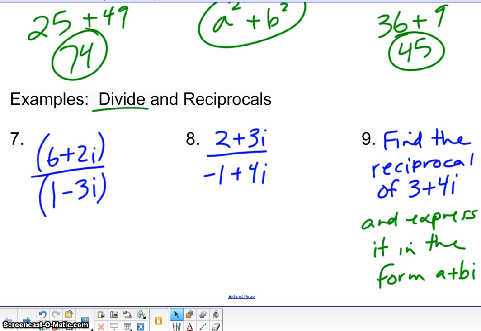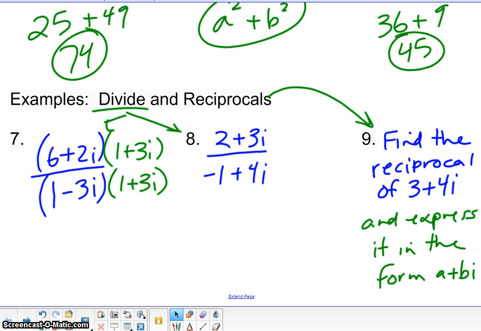Okay, the first one, there are the division, and then that's going to be the reciprocal one. If I'm going to multiply by the conjugate, that's going to help me find an answer that does not have an imaginary number on the bottom. We do not want that at the bottom, just similarly to the radicals. We don't want a radical on the bottom, and we don't want an i in the denominator.